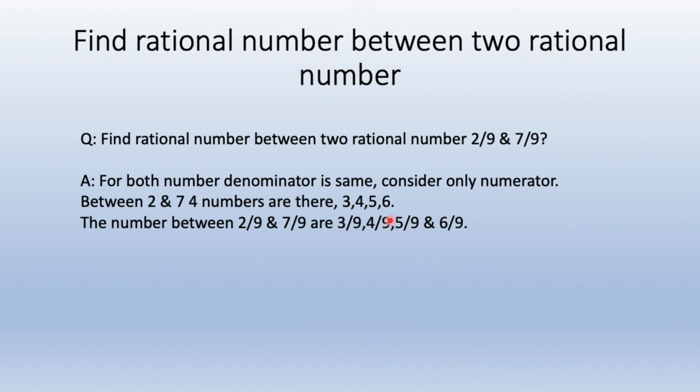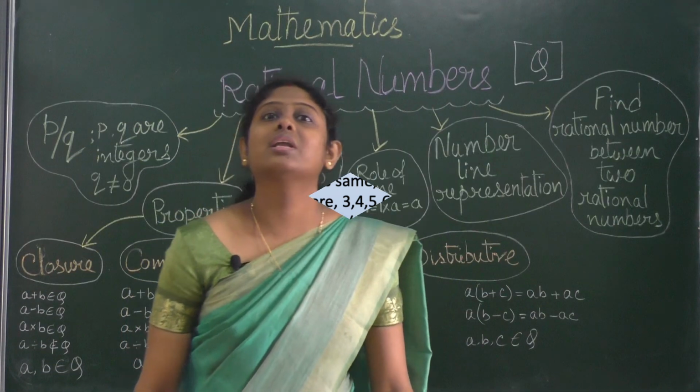So easily we can say the numbers between 2 by 9 and 7 by 9 are 3 by 9, 4 by 9, 5 by 9 and 6 by 9. Is it very easy? Yes, it is very easy.